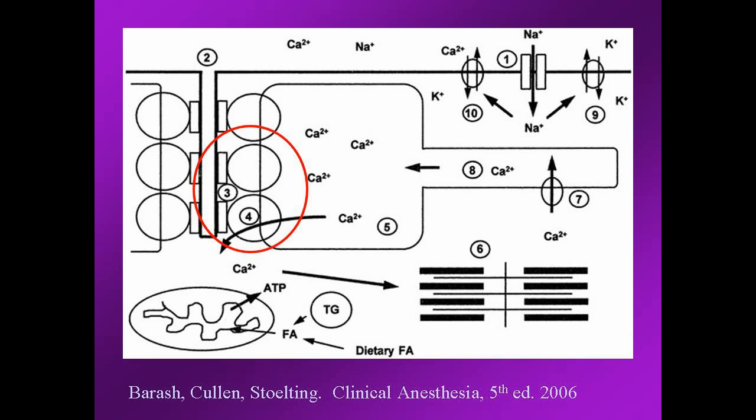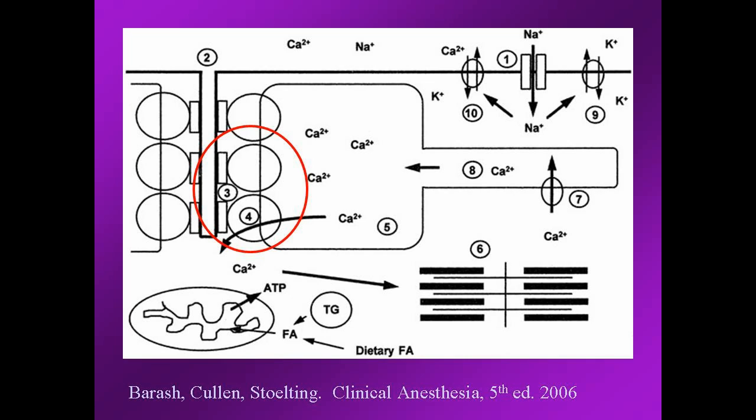Let me walk you through what happens during normal cell contraction. So back up at the top at number 1, when the nerve cell signals to the muscle cell that it should contract, sodium is pulled into the interior of the cell. This induces an electrical current along the cell membrane, which is transmitted down the T-tubule and through the dihydropyridine and ryanodine receptors into the sarcoplasmic reticulum.